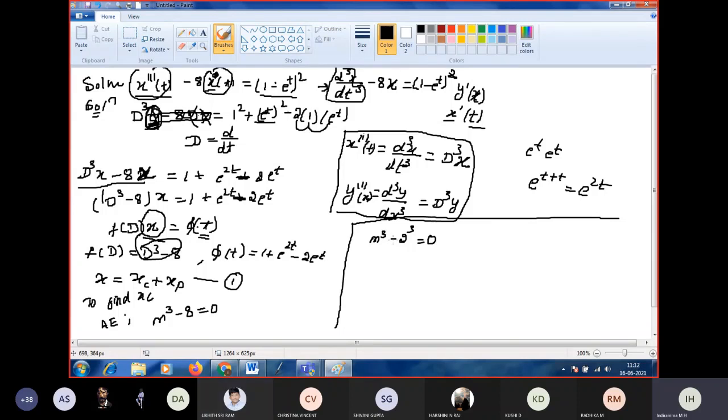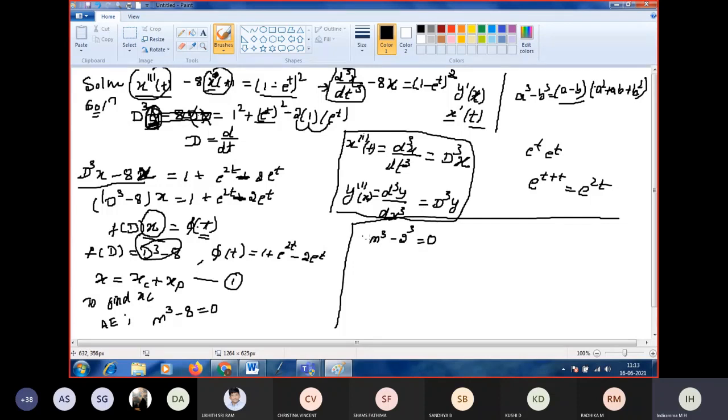Now, what is the formula for a cube minus b cube? Did you study? a cube minus b cube is (a minus b) into (a square plus ab plus b square), that we have to use here.